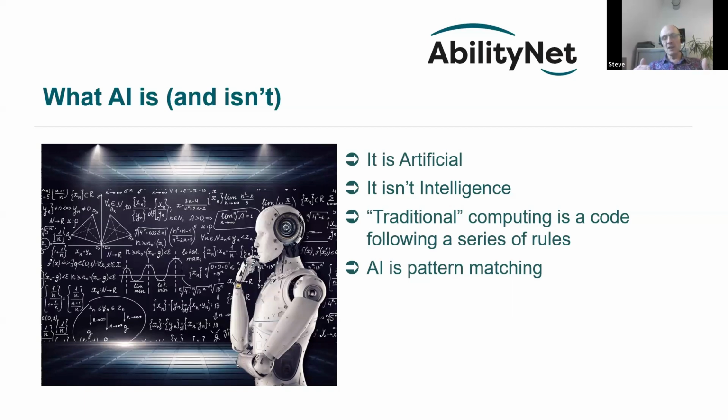AI is slightly different in that it's built using those traditional computing steps. It's built using a recipe or an algorithm, but there's an additional step. So once a computer scientist, a programmer, has finished building the AI model, it's effectively a model of a brain.